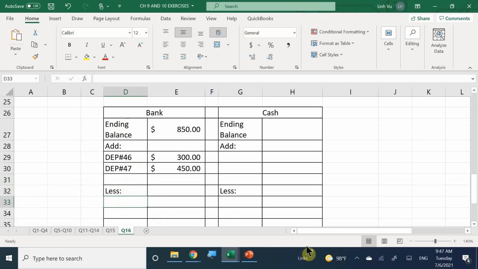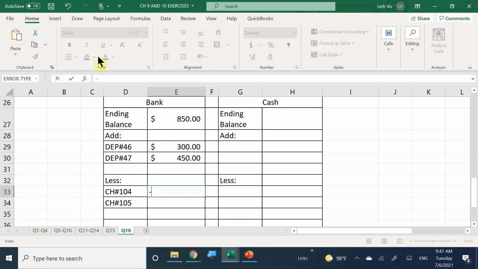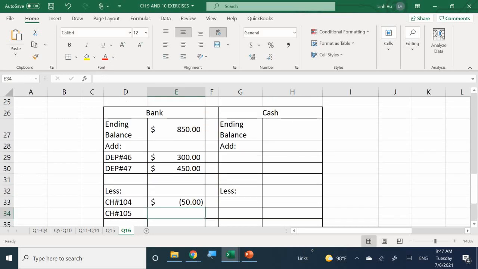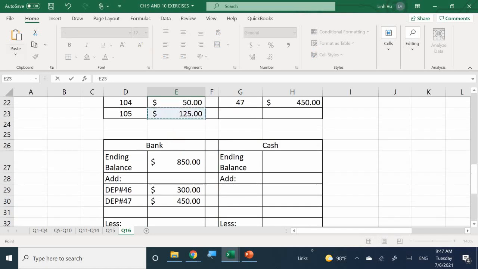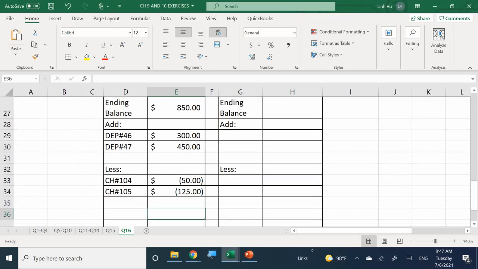Okay, so check number 104, check number 105. Okay, and in this case, it is a negative $50 for check 104, and it's a negative $125 for my check number 105.